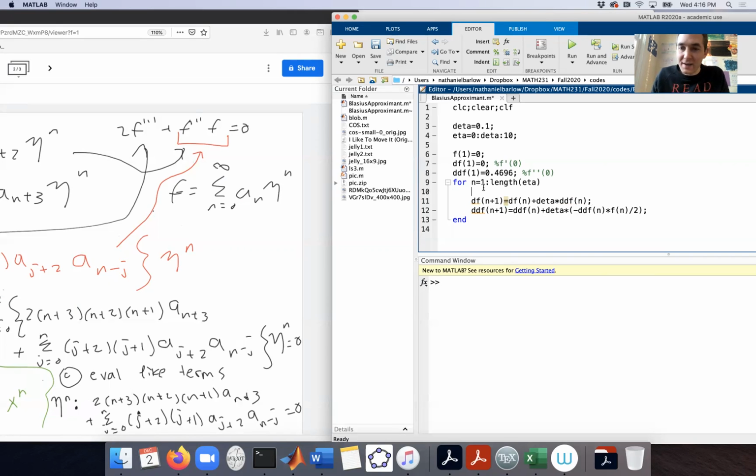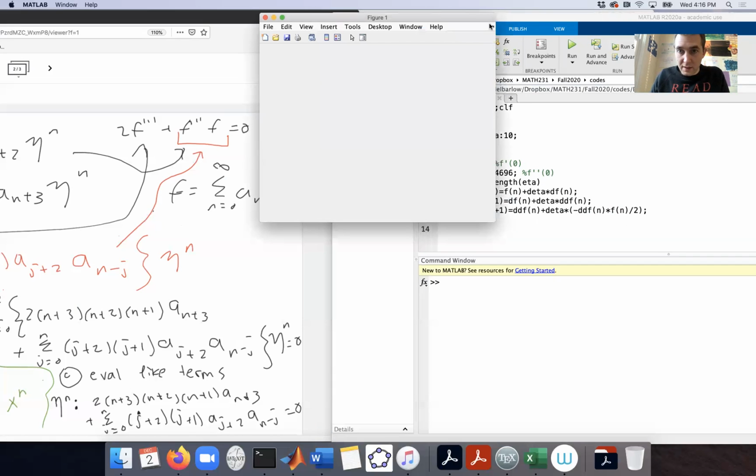Okay, let me think about that for a second. We also want to say that the derivative itself is defined. Okay, let's just see if that runs. Okay, didn't give me an error. That's good.